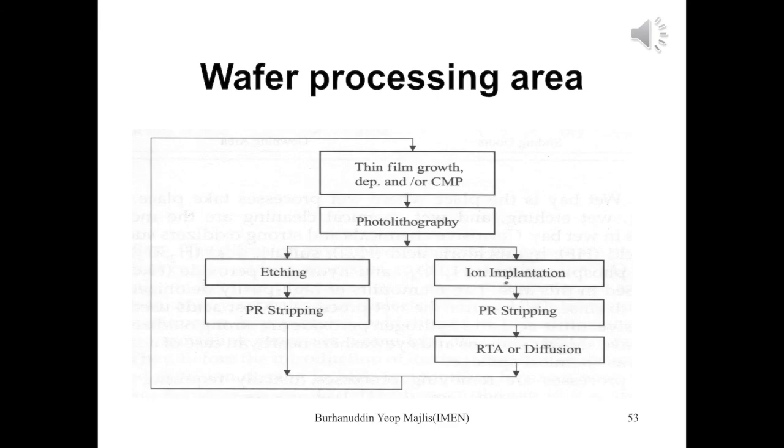In etching, we have photoresist stripping to remove the resist. Also in implantation, we have photoresist stripping, and sometimes we need to do RTA or rapid thermal annealing, or deposition, and then return back to the position. So this is a very general flow of the semiconductor process.